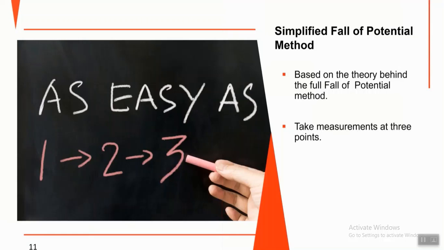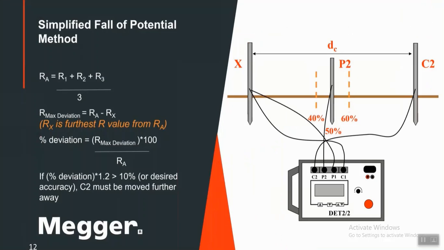So you will get 3 measurements, R1, R2, and R3. For example, in this slide, for the first measurement, R1, you put the probe at 50% between the electrode under test and the current probe.